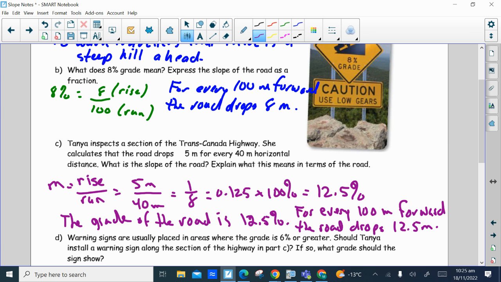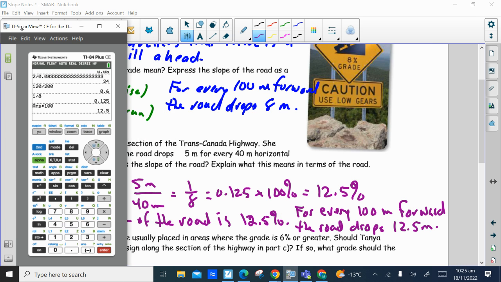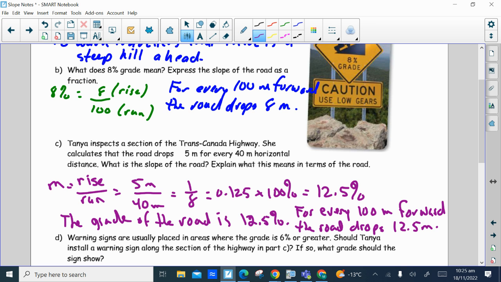If we take 5 over 40, it's going to give us the same decimal if we take 1 over 8 or 12.5 over 100. It's the same ratio. They're all 0.125. It's just a different way of expressing it.